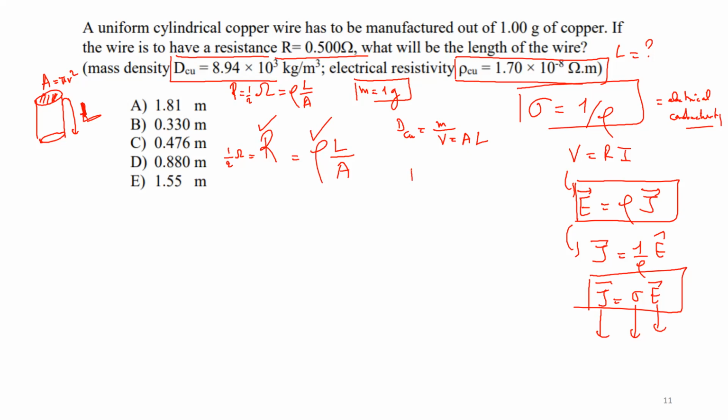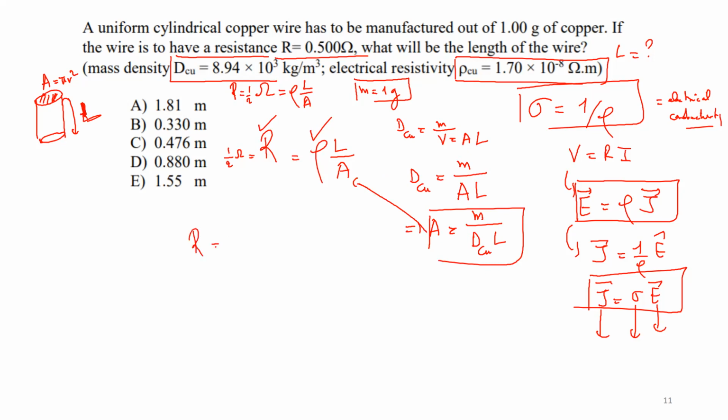Great. So I have density of copper is just mass of copper divided by cross-sectional area multiplied by length, which is the volume. That means my cross-sectional area is just mass divided by density of copper multiplied by length. Now let me take this and plug it here.